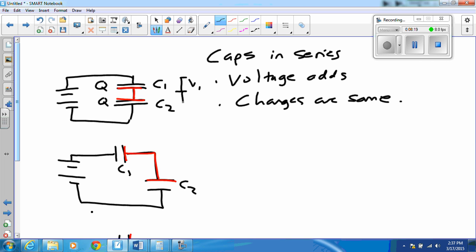There is a voltage drop V1 and a voltage drop V2, and V1 plus V2 has to equal the total on the power supply, just like that. And so that's series and parallel capacitors. Now, let's put some numbers to this and see what happens, and we'll talk about equivalent capacitance.